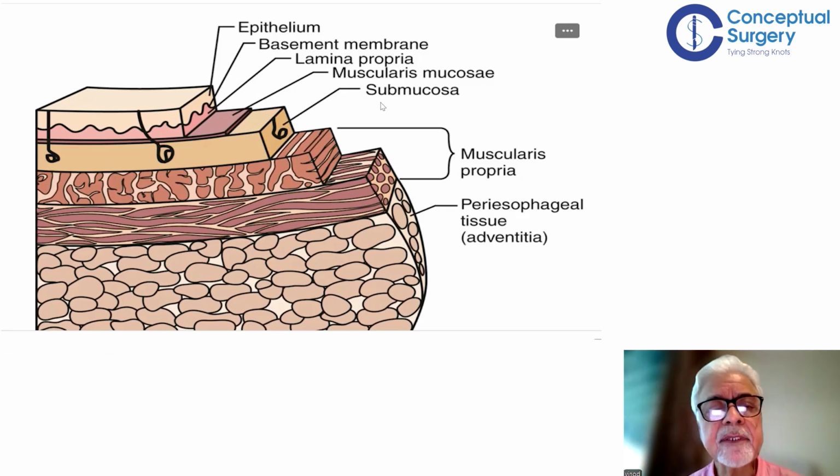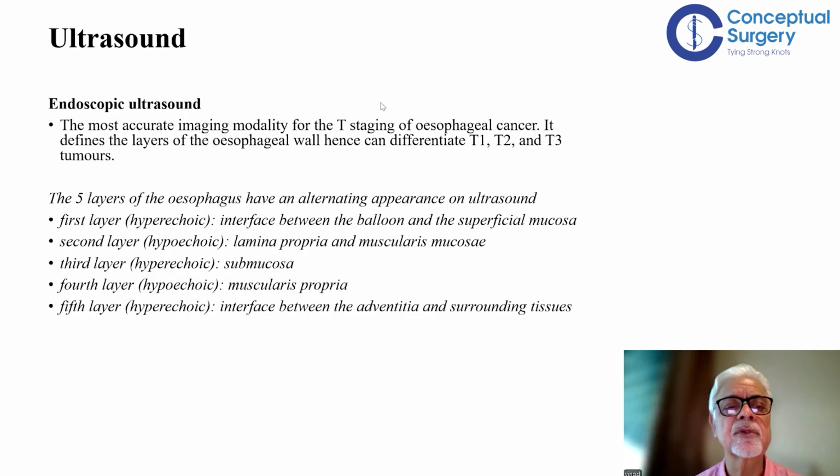Now, as I was telling, ultrasound has become a very important tool in identifying from where the lesion is arising, and also for finding out, in case of infiltrative lesions, up to what level the lesion is infiltrating. First layer is hyperechoic, and that's the interface between the balloon and the superficial mucosa. Then the second layer is hypoechoic, that is the lamina propria and the muscularis mucosae.